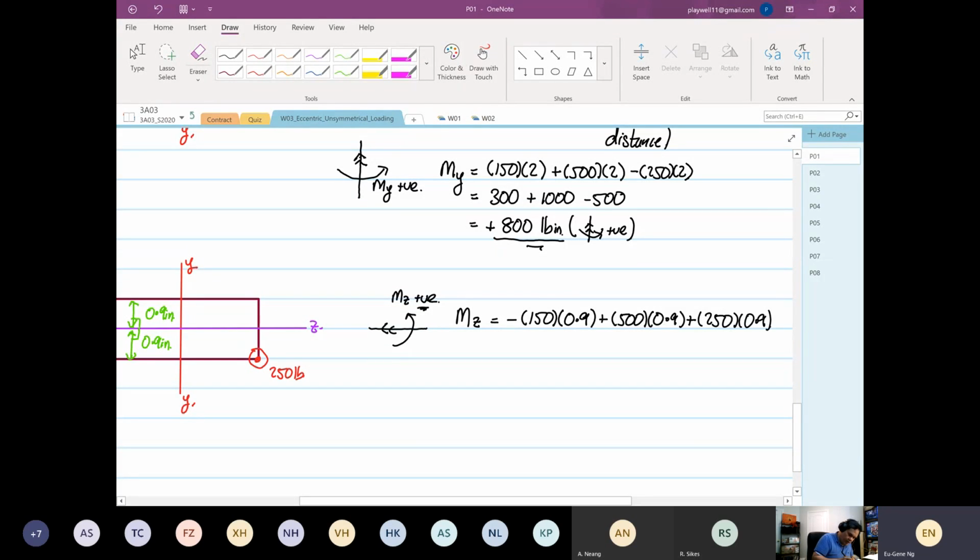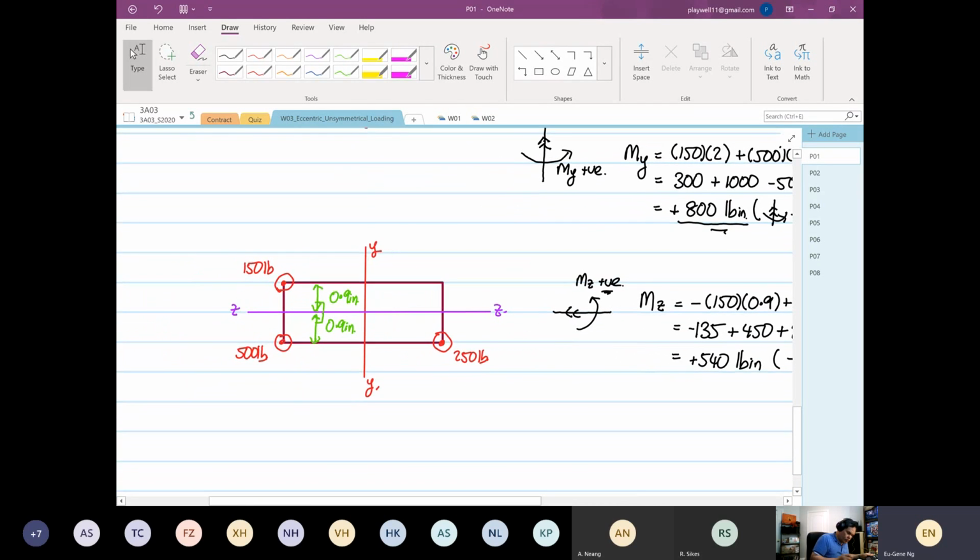So what we have over here is minus 135, then plus 450, and then plus 225. So from here, you get a positive value, which means the assumed direction is correct. So you have 540 pound inch, and we know that the moment direction is going this way.